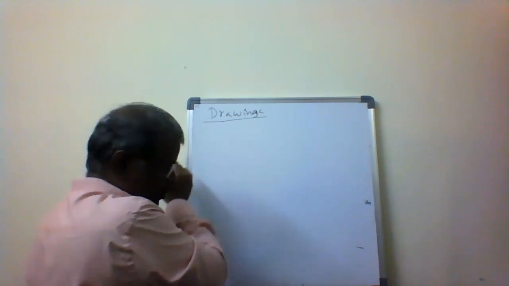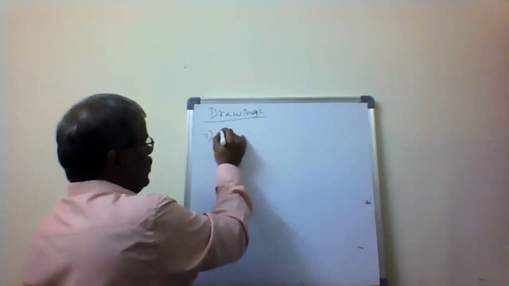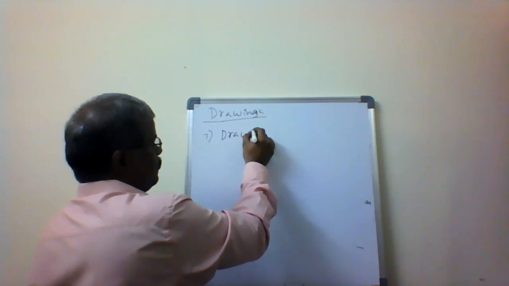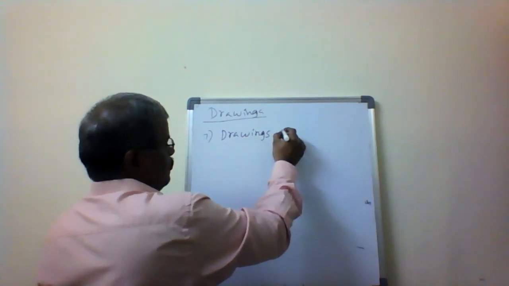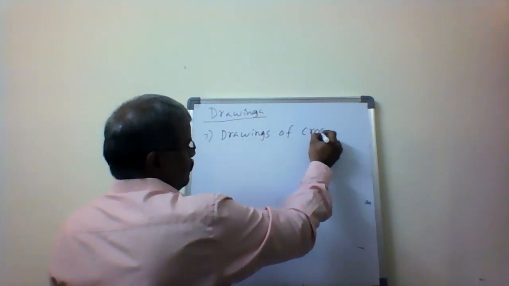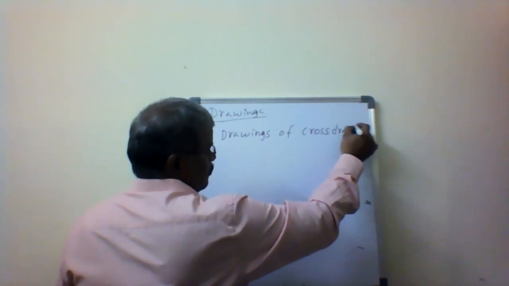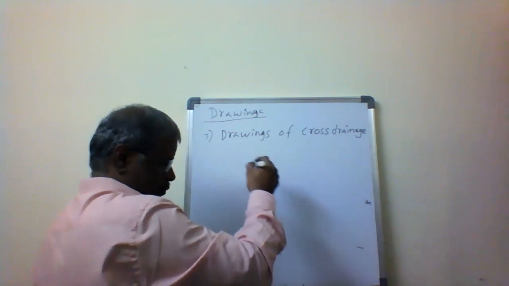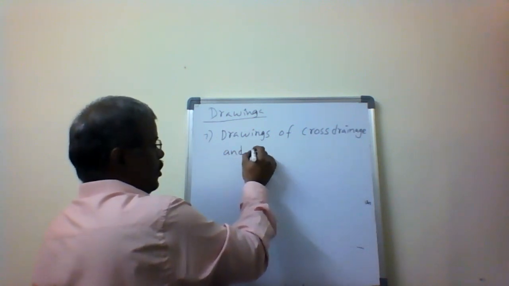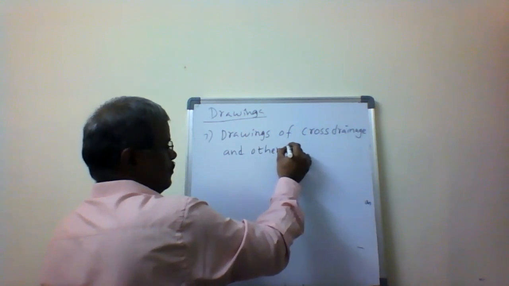Next one is the drawings of the cross drainage works. Seventh one, drawings of cross drainage and other retaining structures.